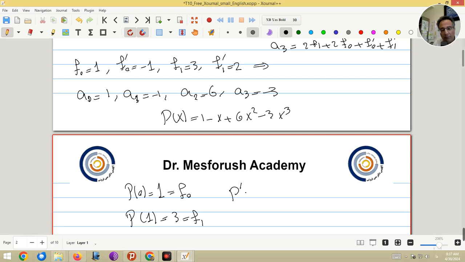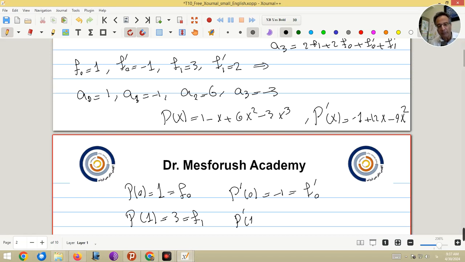Now compute p prime at 0. P prime of x is minus 1 plus 12x minus 9x squared. Put 0 here, it will be minus 1, and f prime 0 is minus 1. So this one is also satisfied and it works.